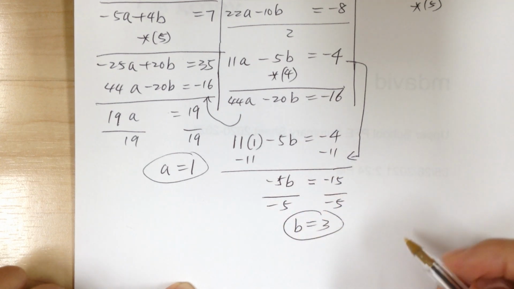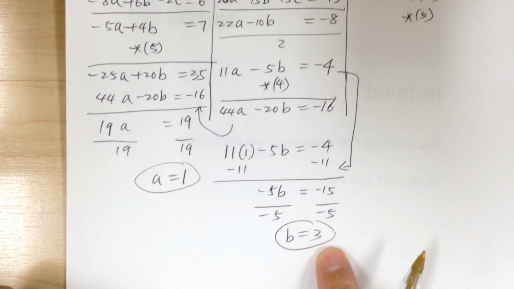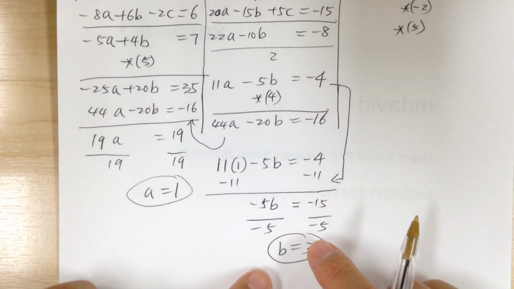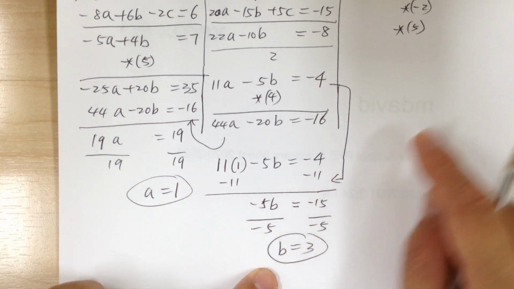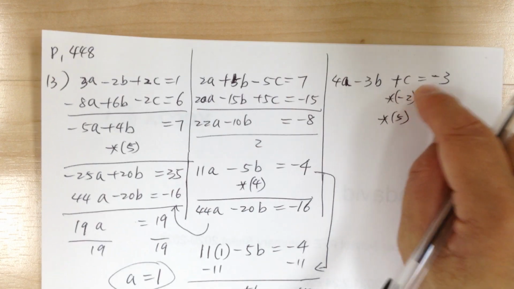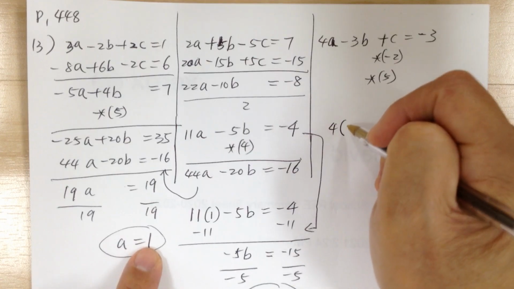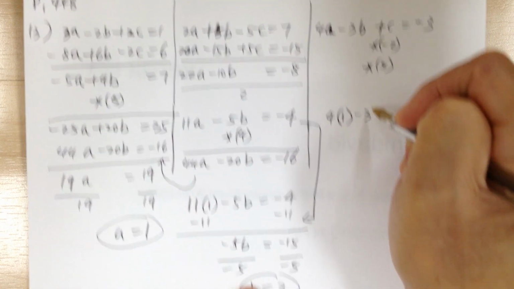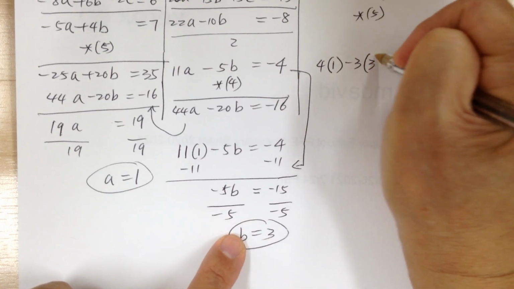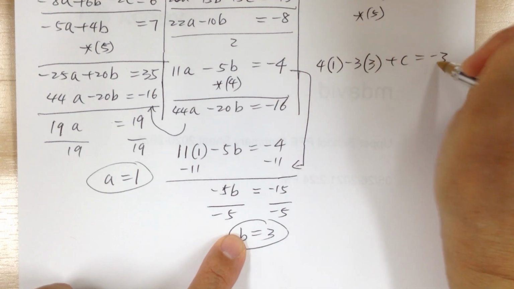Now that I've solved for a and b, I'm going to go back one more layer, to the one with the 3 variables. Since I'm solving for c, this has the easiest c, so I'm going to use this one. I got 4 times a, so 1, minus 3 times b, so 3, plus c equal to negative 3.